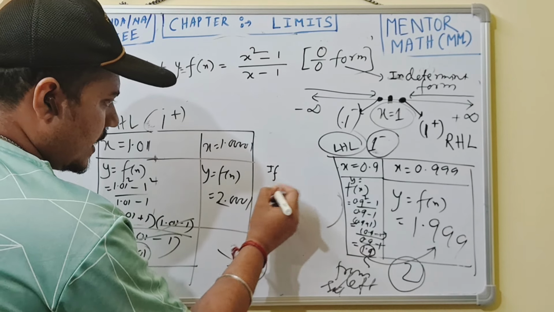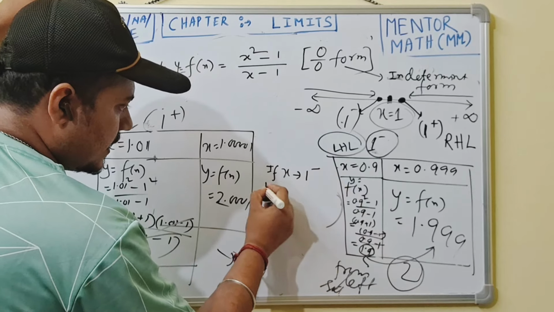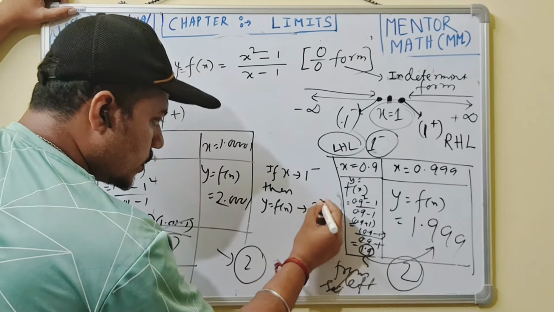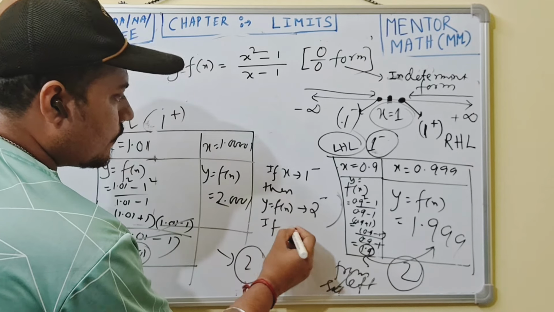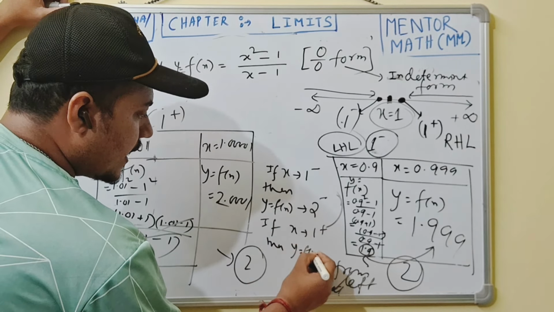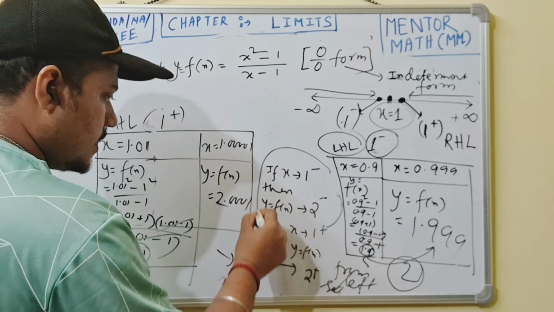If x tends to 1 negative, then y equal to f(x) tends to 2 negative. Also, if x tends to 1 plus, then y equal to f(x) tends to 2 plus. So this is very important.